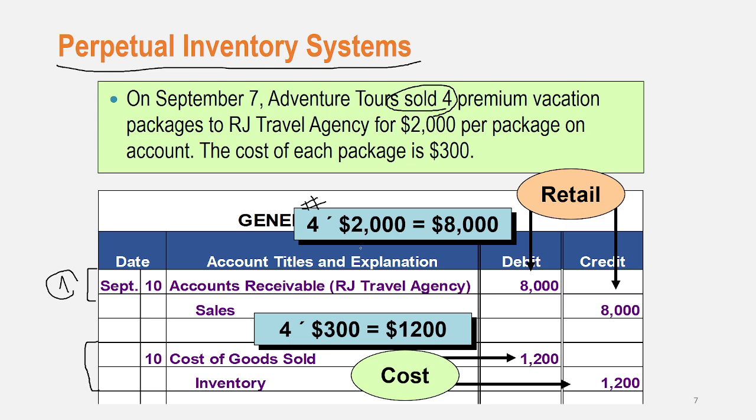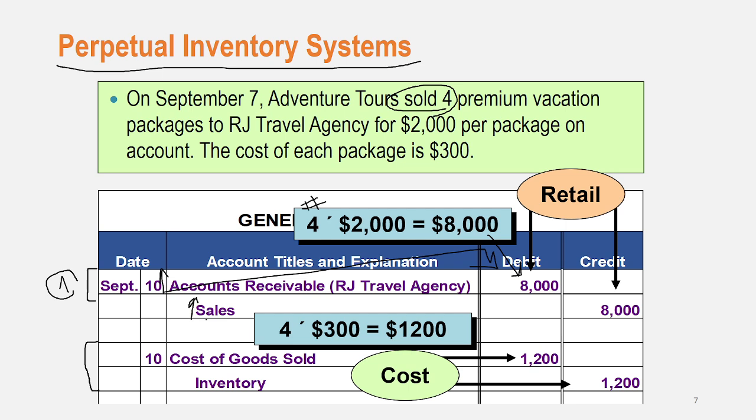We have 8,000 increase in accounts receivable. Accounts receivable belongs to assets, and every increase in asset accounts should be considered a debit. So accounts receivable is debited by 8,000 for the increase. The next account is sales. Sales is considered revenue in a merchandising company.